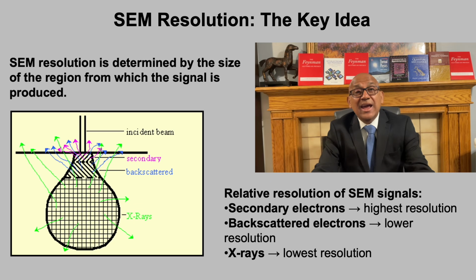As a result, X-ray signals offer excellent chemical specificity, but the lowest spatial resolution. The key takeaway is that SEM resolution is signal dependent. By choosing which signal to detect, we directly choose the balance between spatial resolution, compositional information, and sampling depth.